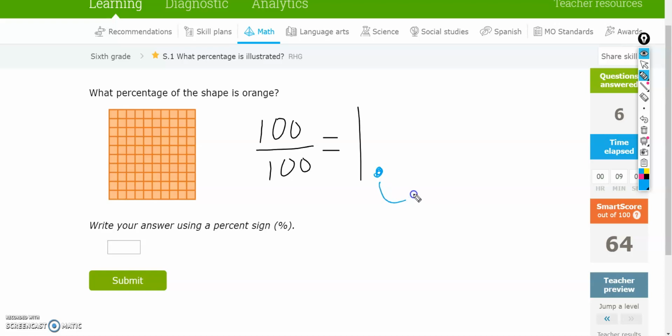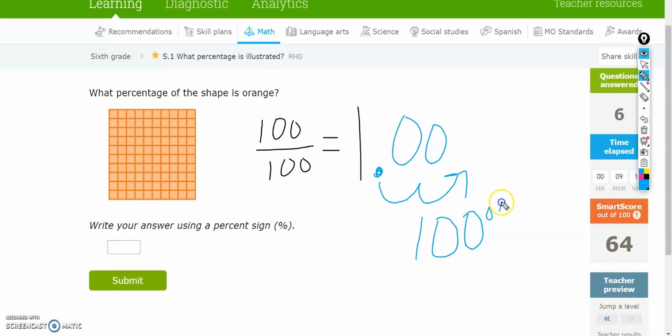So if I move it 2 places to the right, I have 1, 2, so my answer is 100%. I'm sure you knew that, but I wanted you to know the decimal parts of it so that it'll be easier when we do our next lesson. So here's 100%.